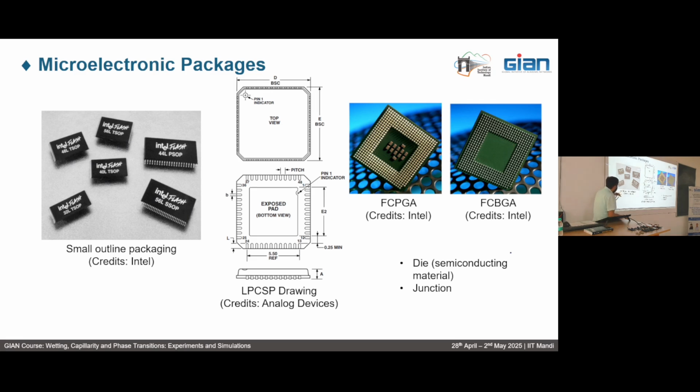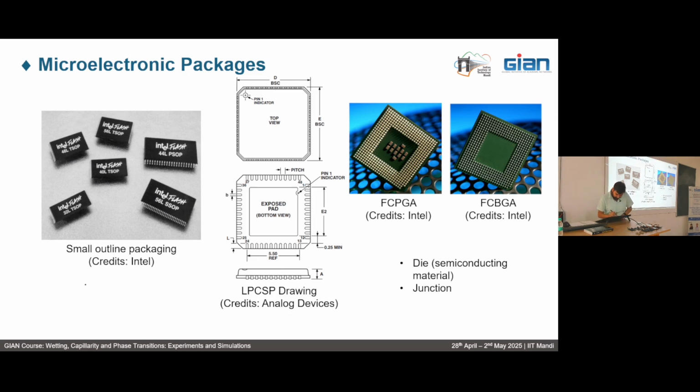This is called the small outline packing. In the small outline packing as well, we have the T-SOPs and S-SOPs. T-SOP stands for thin small outline packing, and S-SOP stands for shrink small outline packing.